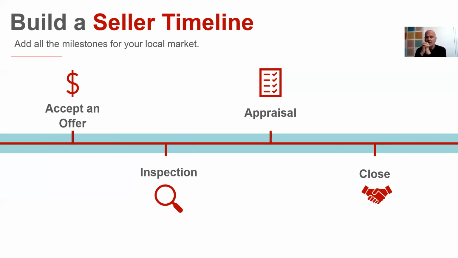They are not obligated to respond to a request for repair or to give a reduction or credit or anything like that. But most sellers are amenable because they want to get to the finish line too, right? So again, the seller timeline is much easier.